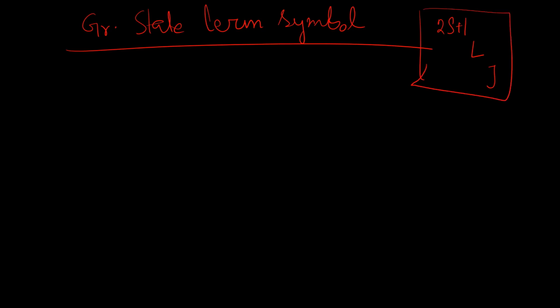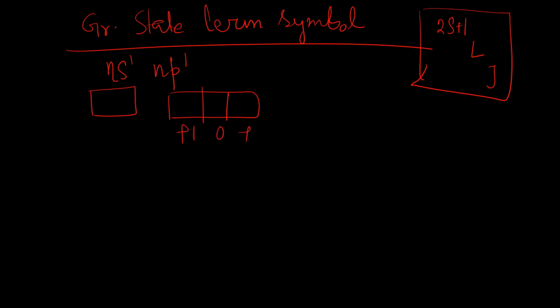So for which case are we going to find it out? ns1 np1. First of all, 2 electrons are present. We can write it in this way, it will be helpful for us. Plus 1, 0, minus 1, 1 electron is present.